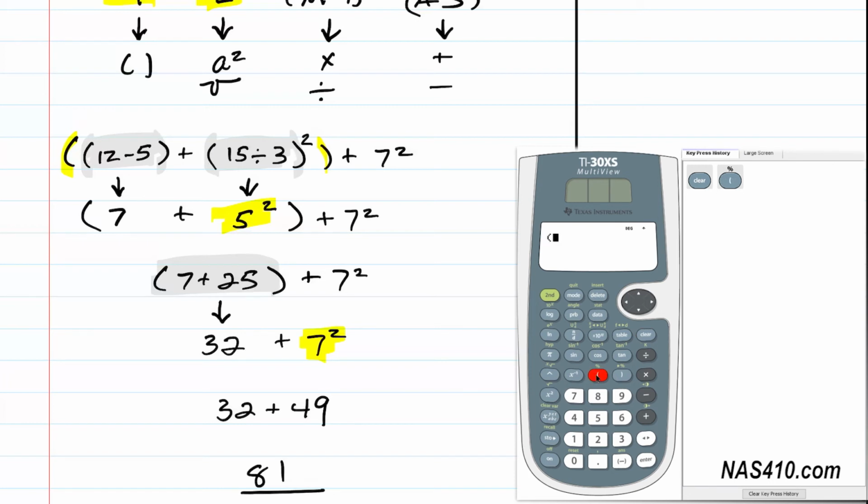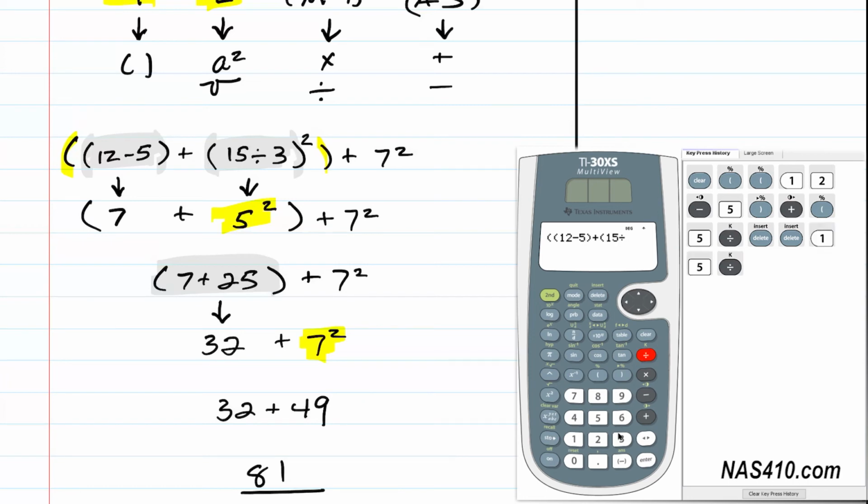I have a parenthesis here, one here, and I say 12 minus 5, close parentheses, plus 15 divide, oops, I need to go back, so I'm going to push the delete button. 15 divided by 3, and that's squared, so right now I'm just going to use my x squared button, and then I'm going to close that bracket, and then plus 7 squared.